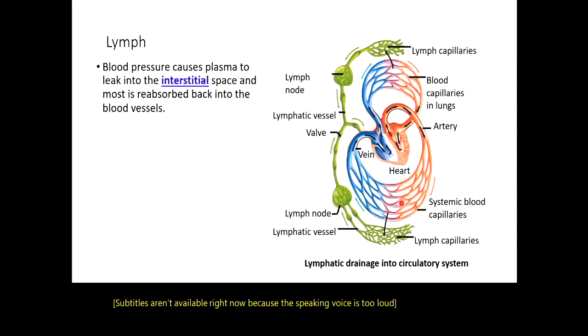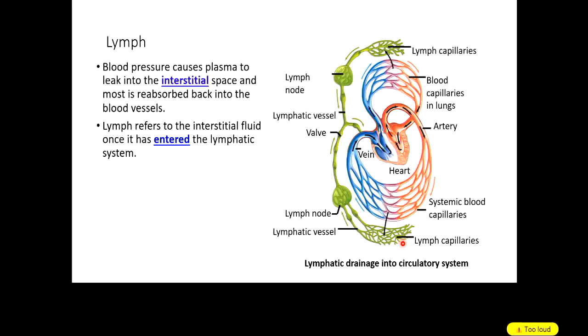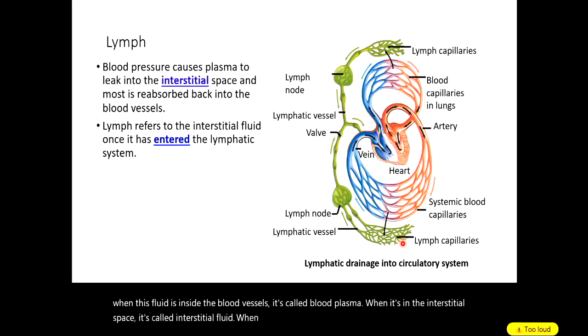But some of this interstitial fluid, rather than going back into the bloodstream, can move into the lymphatic vessels, and the moment it enters the lymphatic vessels, it's called lymph. When this fluid is inside the blood vessels, it's called blood plasma. When it's in the interstitial space, it's called interstitial fluid. When it's in the lymphatic vessels, it's called lymph.